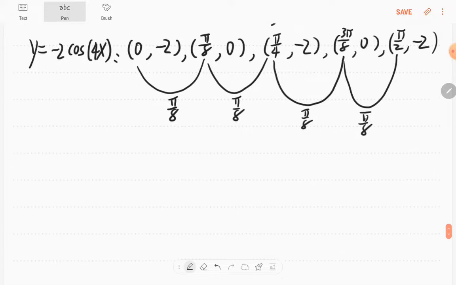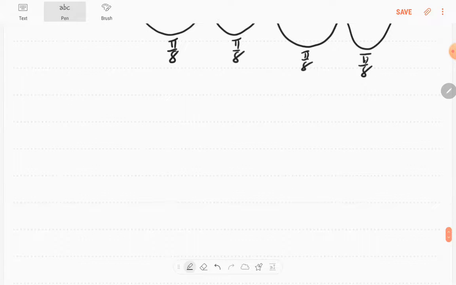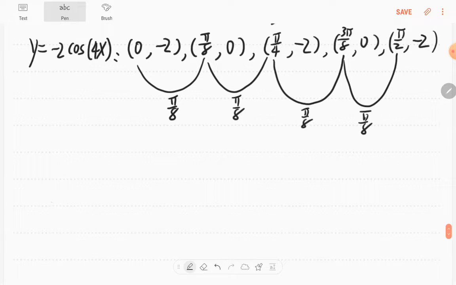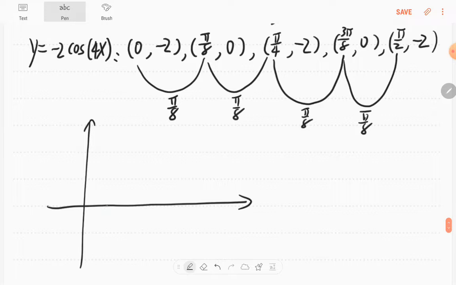Okay, so now our graph becomes this. This is pi over 8, pi over 4, 3 pi over 8, and pi over 2, right? So the first point is 0, negative 2. Here's 1, here's 2, so negative 2 is here.